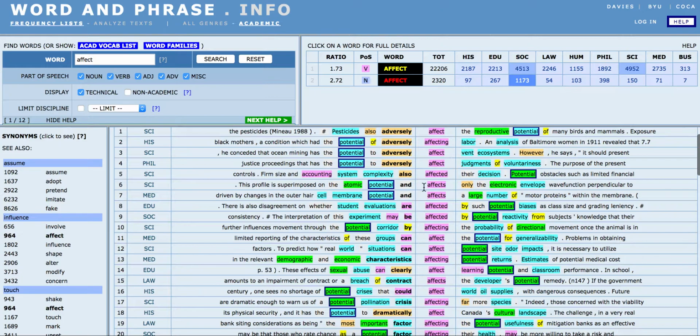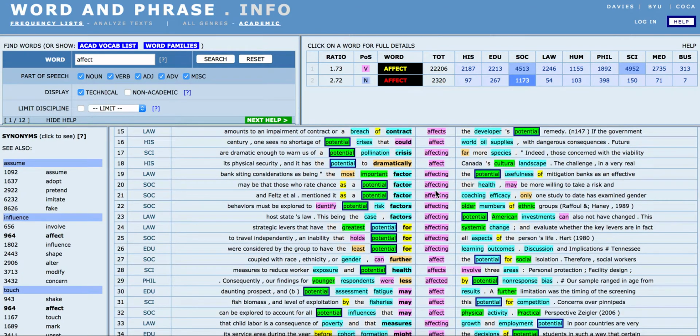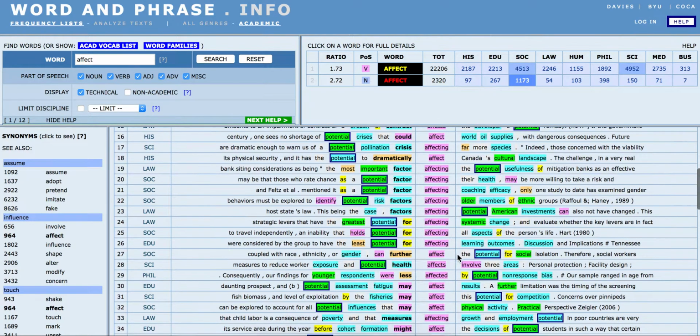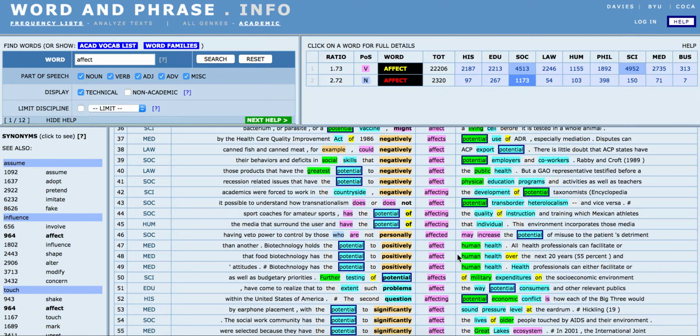We have potential and effects. This seems to be popular. Potential factor, affecting, potential risk factors affecting, potential for affecting. So these are some things you can look for, some patterns.